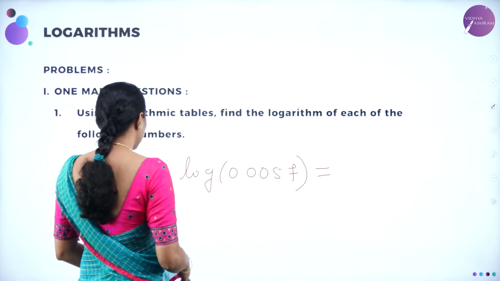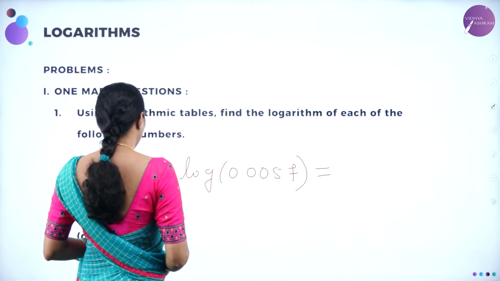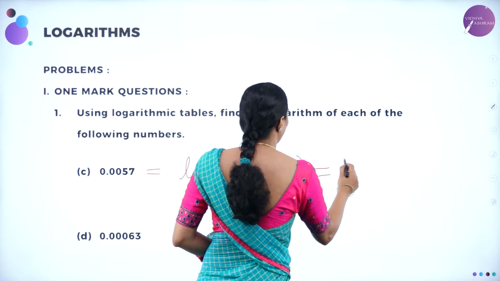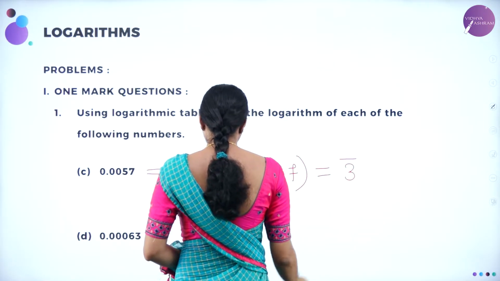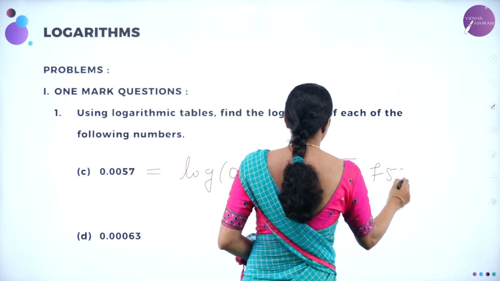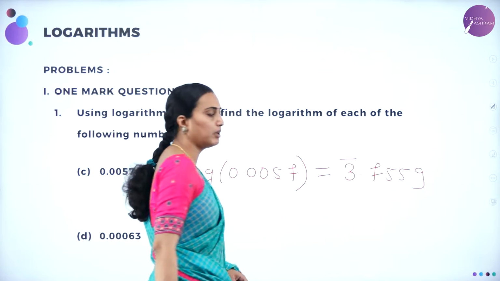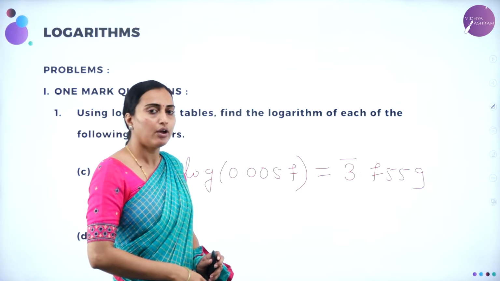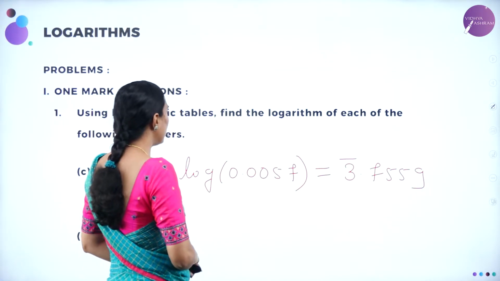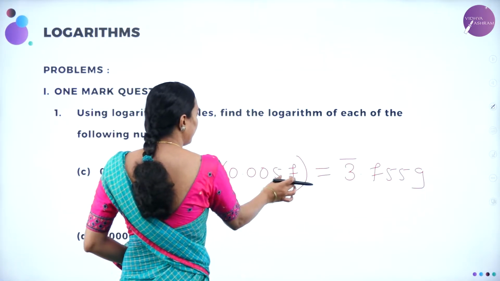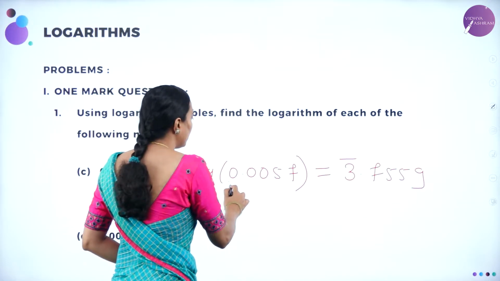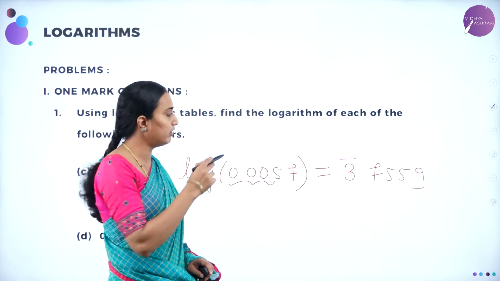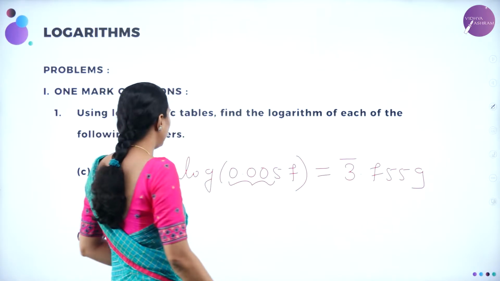The answer you are going to get is 3 bar 0.7559. 3 bar is nothing but minus 3. We write it as 3 bar, because here you are finding not 57 but 0.0057. The two 0s mean minus 3, so you write it as 3 bar.